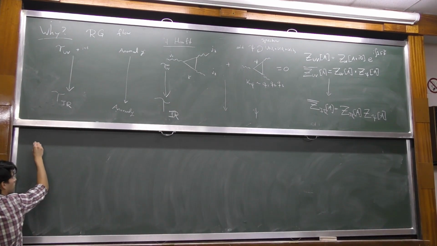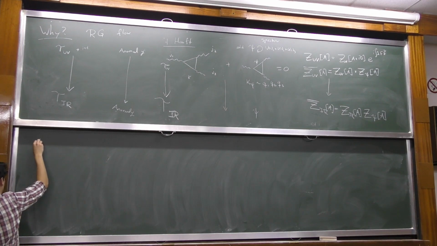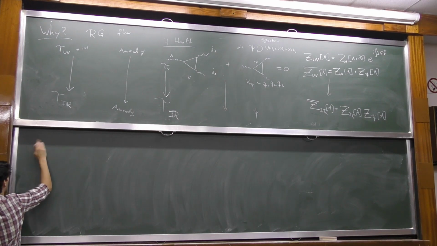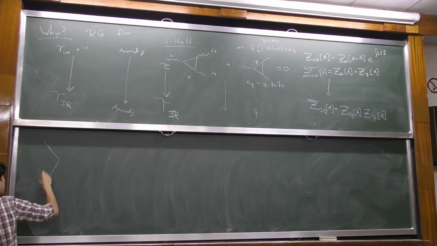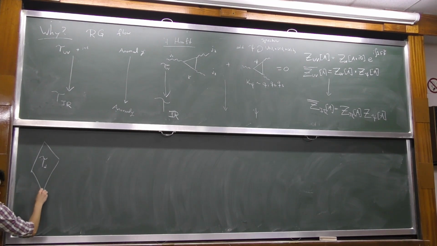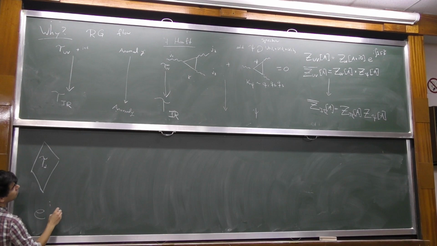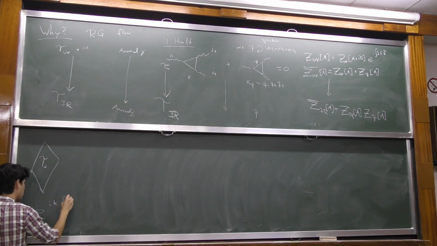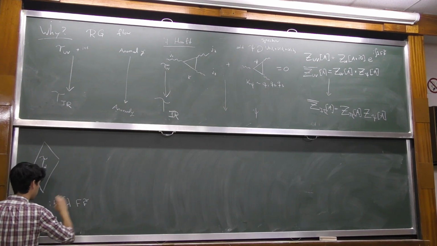So the idea of anomaly inflow: imagine this is my d-dimensional spacetime, and my theory lives here. So we were saying that the anomalous phase looks like there's a k, and then there's this lambda f f tilde.